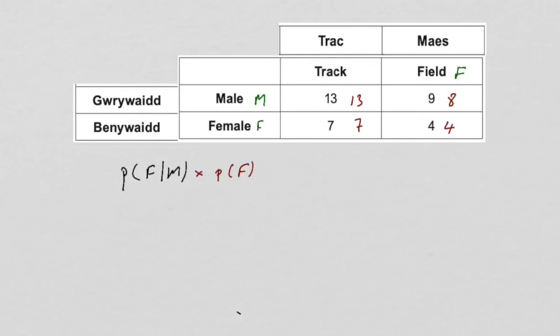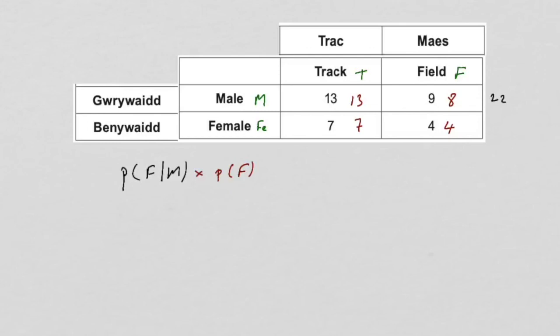If there was a question with female, I'd have to do FE or something like that, and T for track. Just watch out for that little potential problem. So, going back to the probabilities, the probability of a field athlete given that they're male: we can just look across the column and see that there's 22 in total, so we get 9 out of 22.